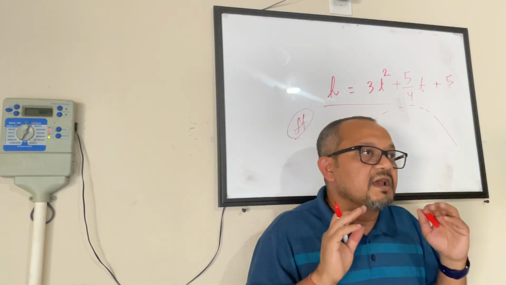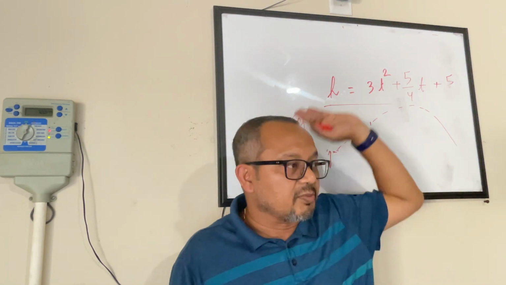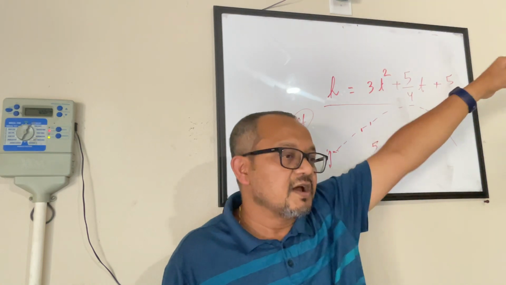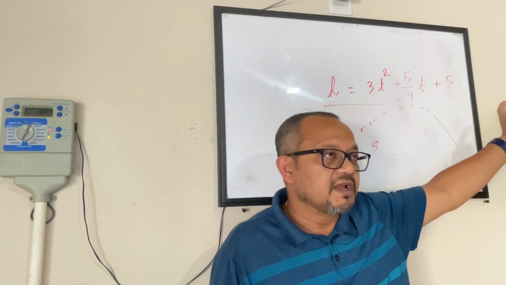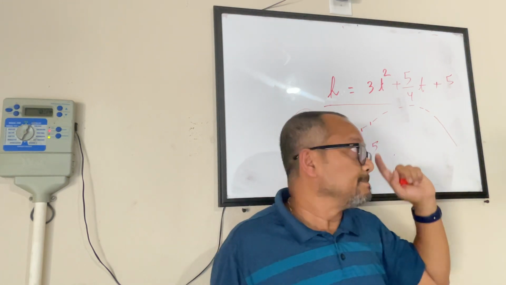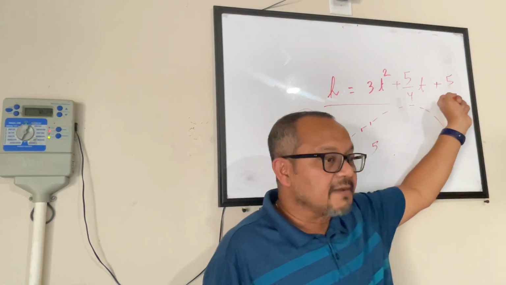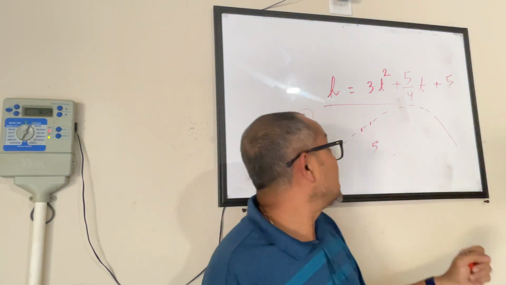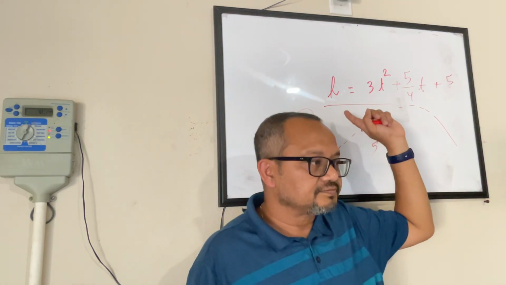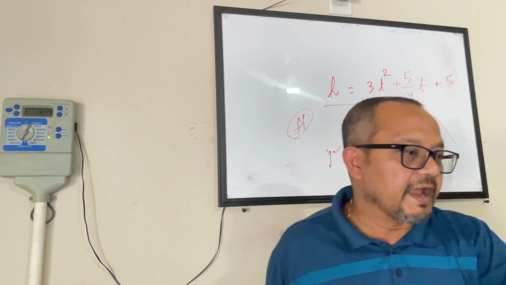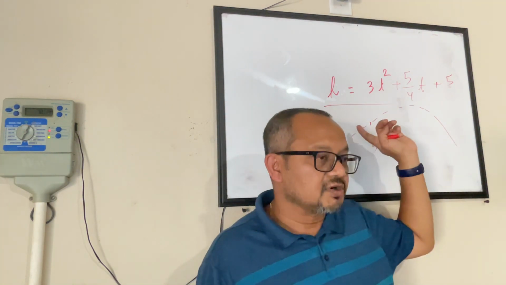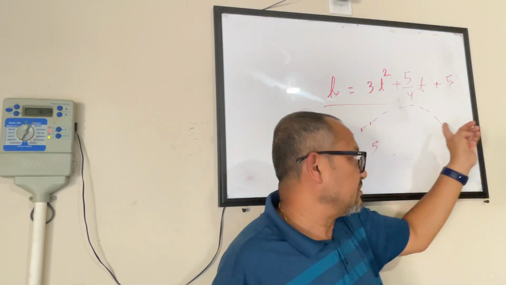A stone thrown upward follows this equation. This is the given equation. Now, where t is the time elapsed in seconds and h is the height of the stone from the ground after that time.